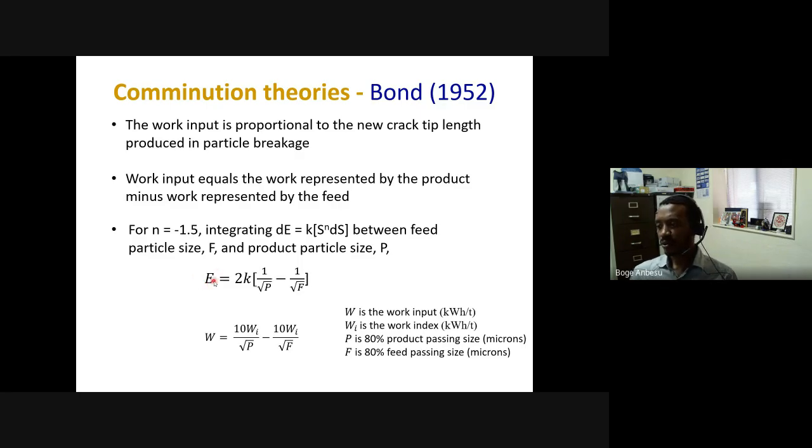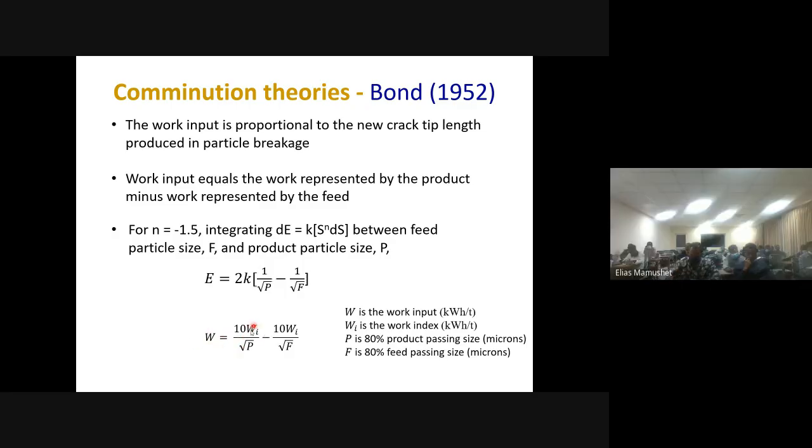And the energy can be converted into work input. That's why you have the equation at the bottom there. Work input is related to work index.